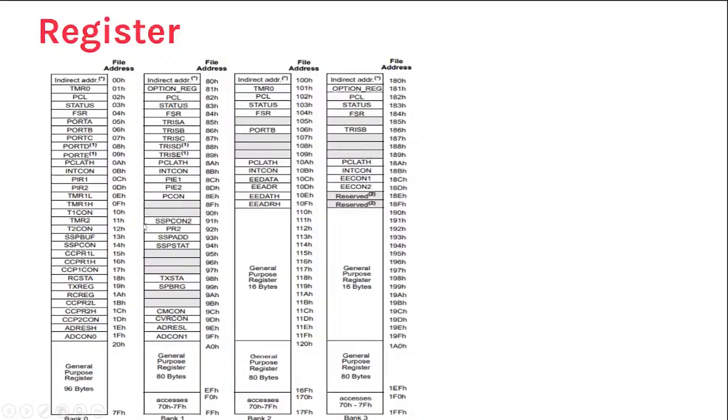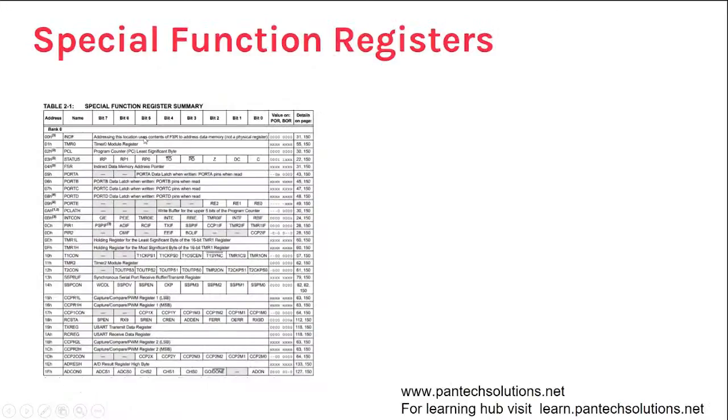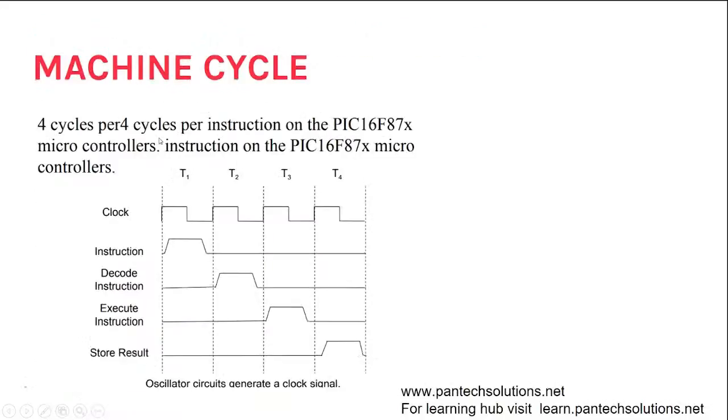Bank 0, bank 1, bank 2 and bank 3 have the addresses as well as the registers here, and the special function registers. We'll be going into much more detail in the upcoming sessions.